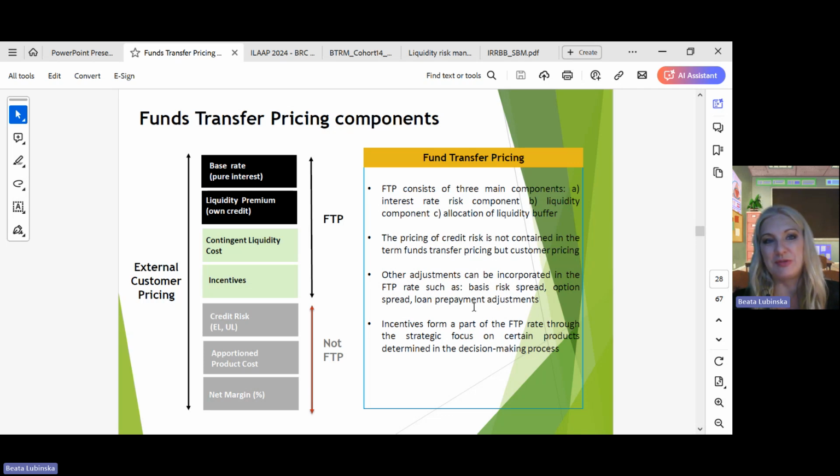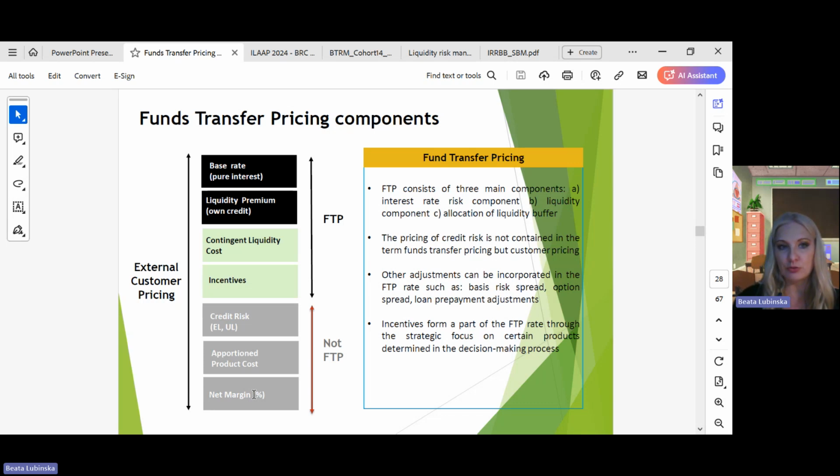So the difference between all those costs and FTP and the all-in rate, the external rate to the customer, because the FTP component plus those components which I mentioned, which are not FTP, both segments form part of the external customer pricing, which is called the all-in rate. So the customer rate, the final rate.